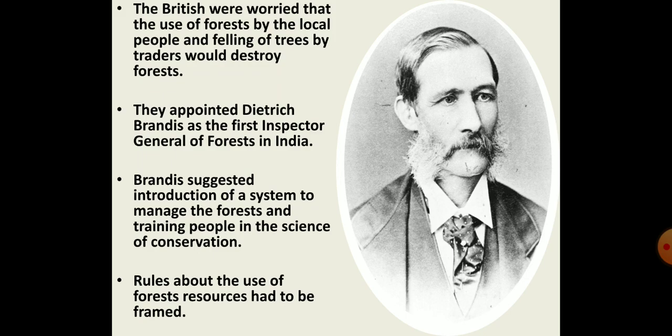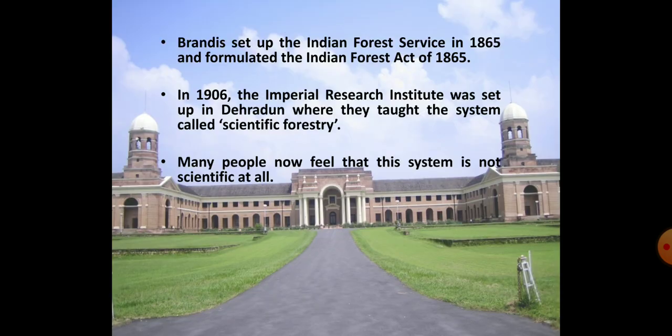Brandis recommended to introduce a system of managing the forests and to train people in the science of conservation. Rules for use of forest resources had to be framed. Felling of trees and grazing had to be restricted. Those who did not follow the system were to be punished.